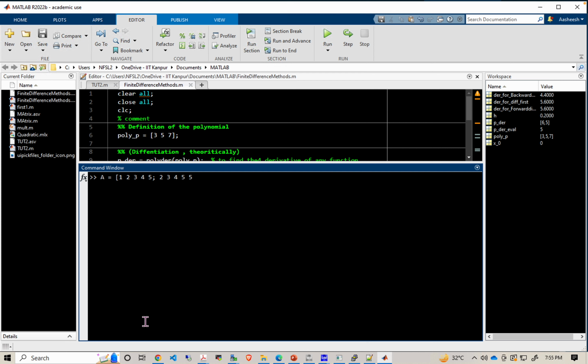Anything I am defining, there is no particular pattern: 2, 5, 6, 4, 1, 4, 3, 4, 9. Right. Okay, this is my 5 into 5 matrix.